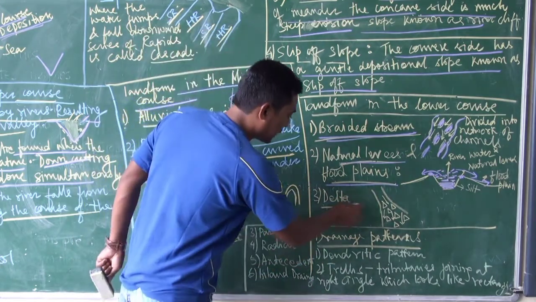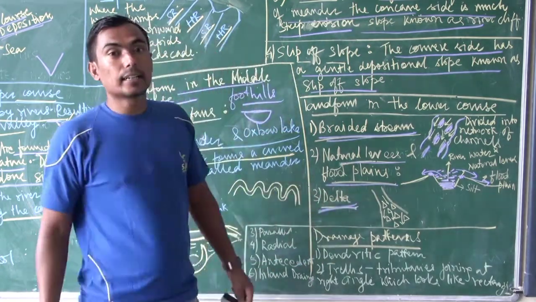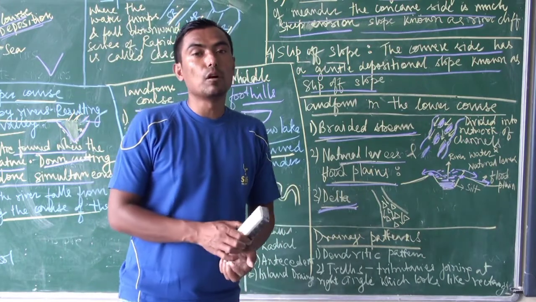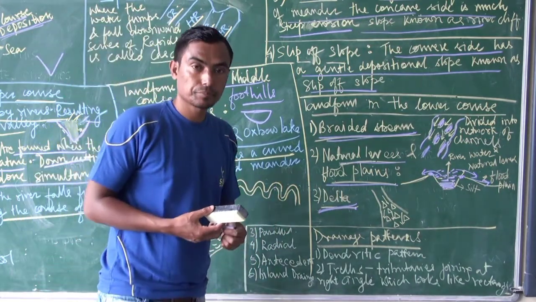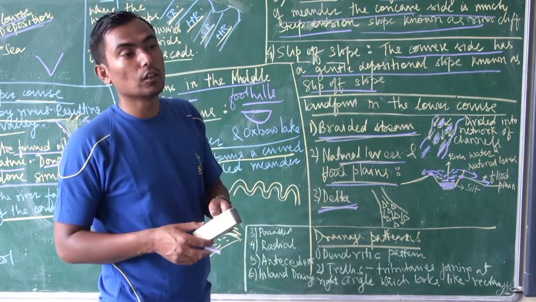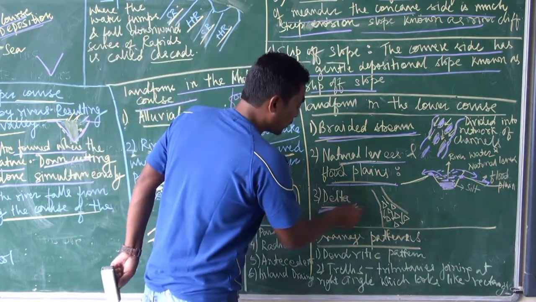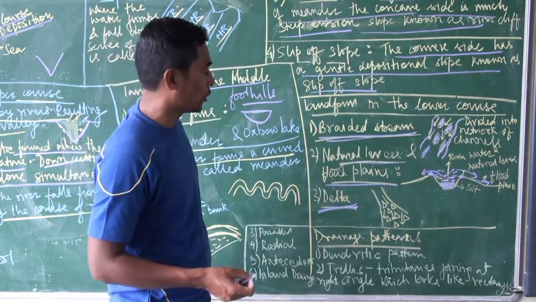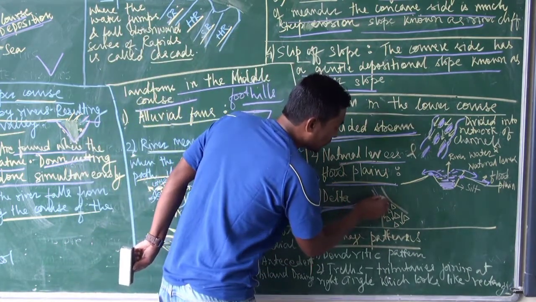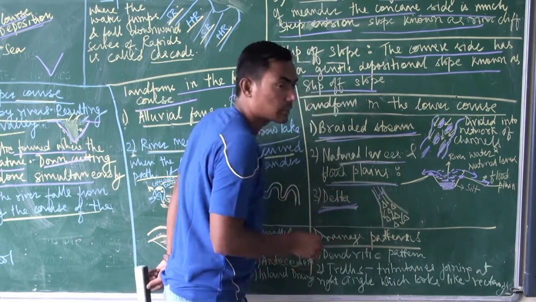Next, delta. Delta comes into existence especially at the mouth of the river. Mouth means where the river joins or enters the sea or the ocean. Whenever the river enters the sea or the ocean, the river water becomes very slow and sluggish.